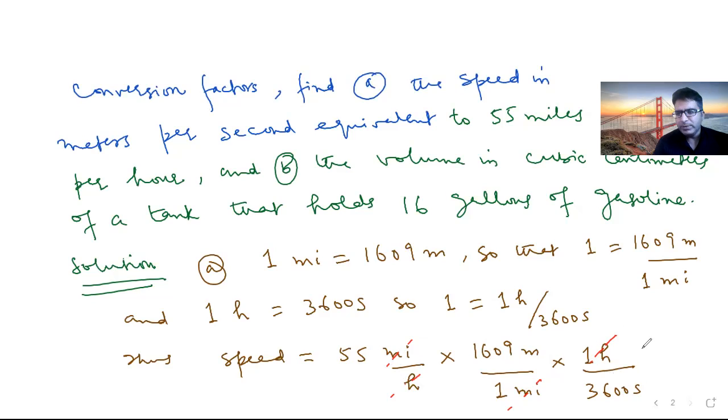So when you do it, it will be 25 meter per second. So this is the answer for part A. 55 mile per hour speed is equal to 25 in the units of meter per second, right? So let us move to part B of the problem.